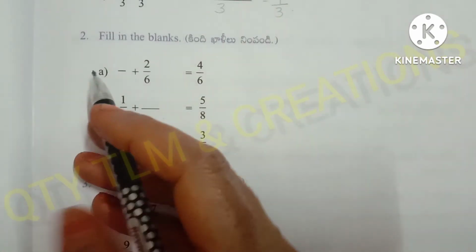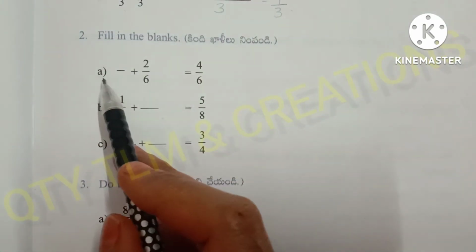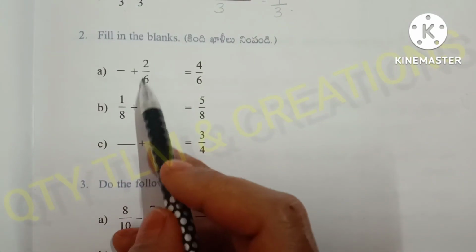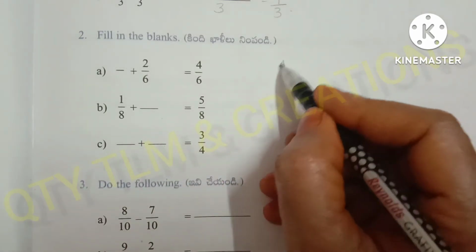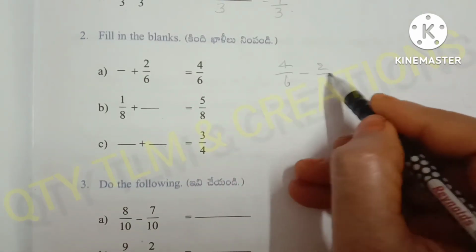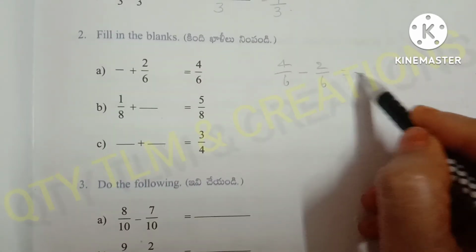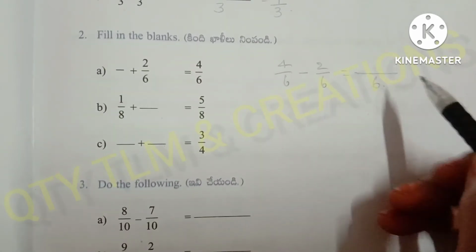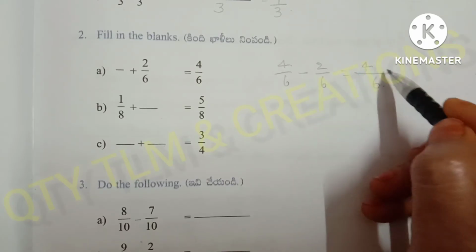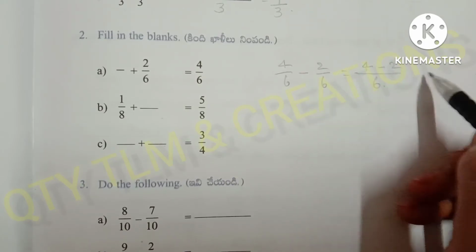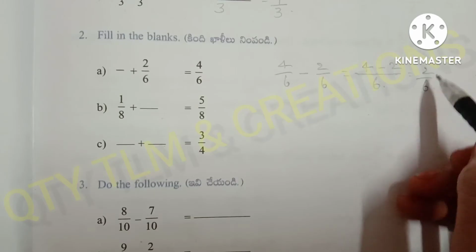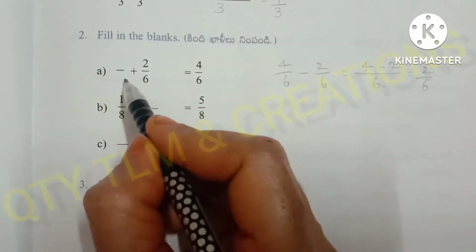Next question. Fill in the blanks. A, dash plus 2 by 6 equals 4 by 6. So 4 by 6 minus 2 by 6 equals, here the common denominator equals 6. We have to subtract 2 from 4, we get 2 by 6. So we have to write 2 by 6 here.